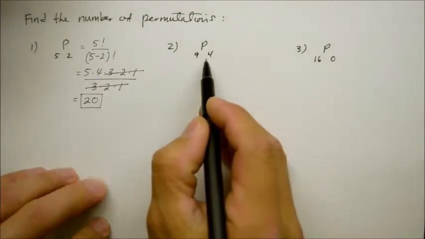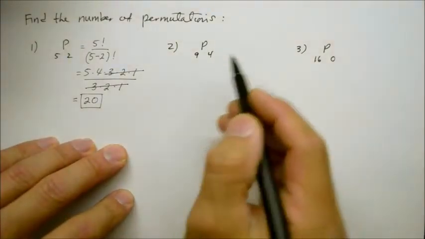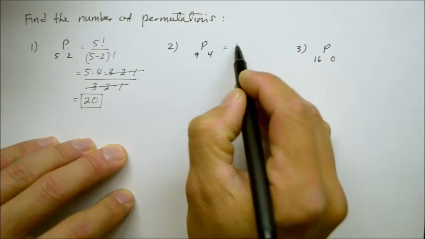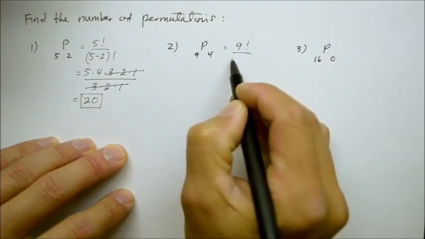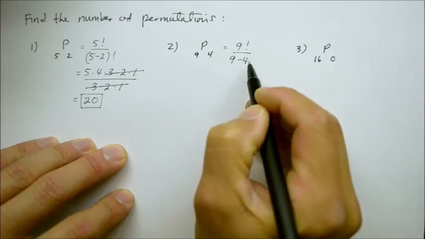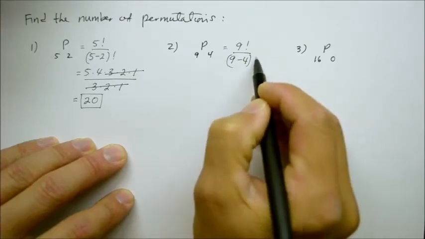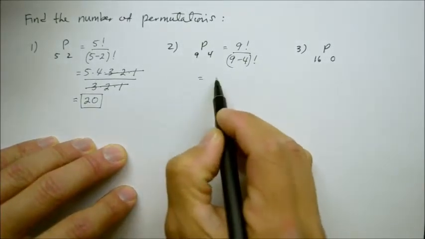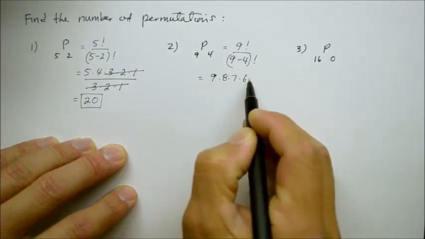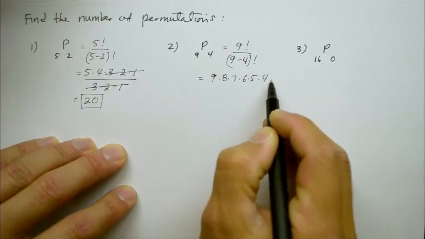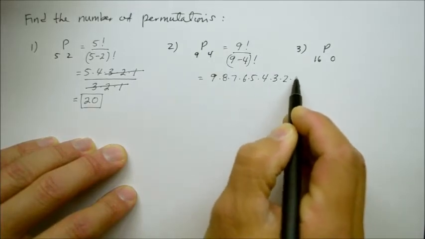So how do you set this one up? This basically becomes 9 factorial divided by 9 minus 4 quantity factorial. So that becomes 9, 8, 7, 6, 5, 4, 3, 2, 1.